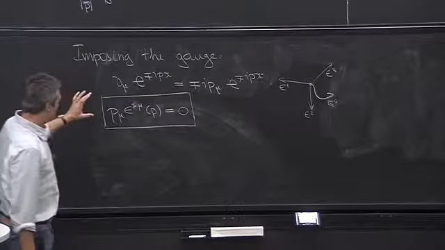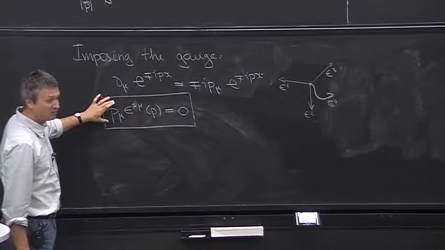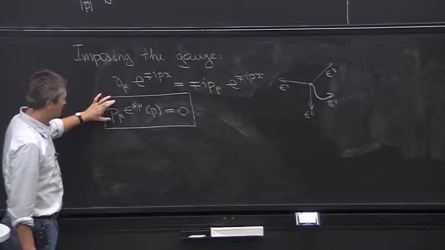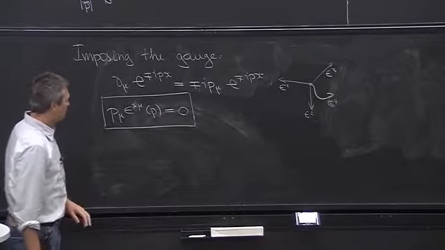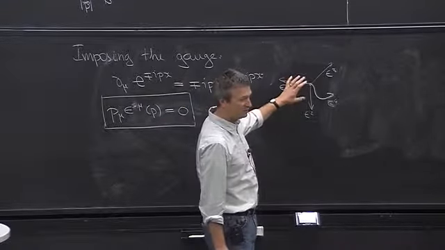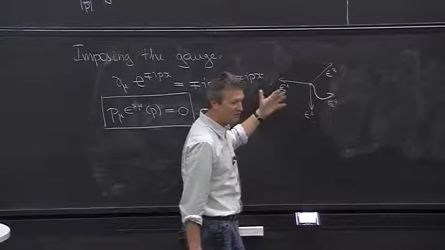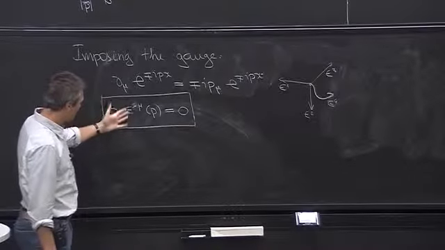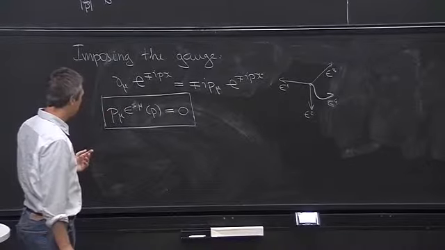So this condition picks up the physical polarization of our waves. And you see that the physical polarizations should be perpendicular to p. So therefore, it is convenient to choose the basis in such a way that some of these polarization vectors will be physical and some unphysical, according to whether they satisfy this condition or not.